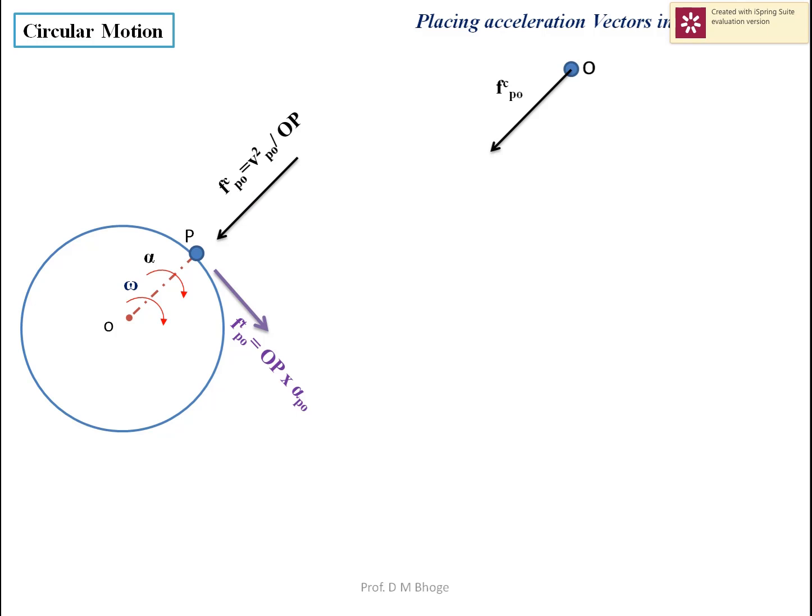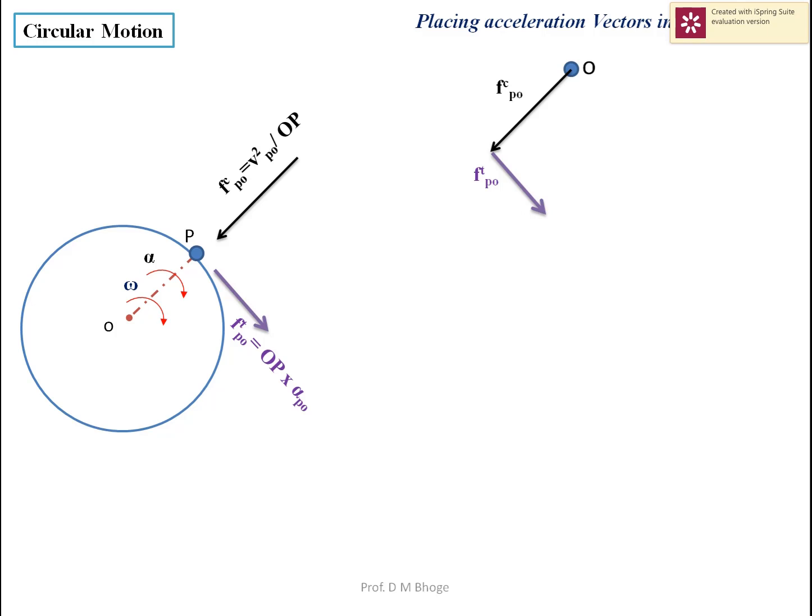Now to FCPO we have to add its tangential component FTPO in the given direction. The vectors to be added are always placed tail to head. We have the head of the vector here, so we'll place the tail of FTPO at the head of FCPO so that it gets added to it. So now we have added FTPO to FCPO.